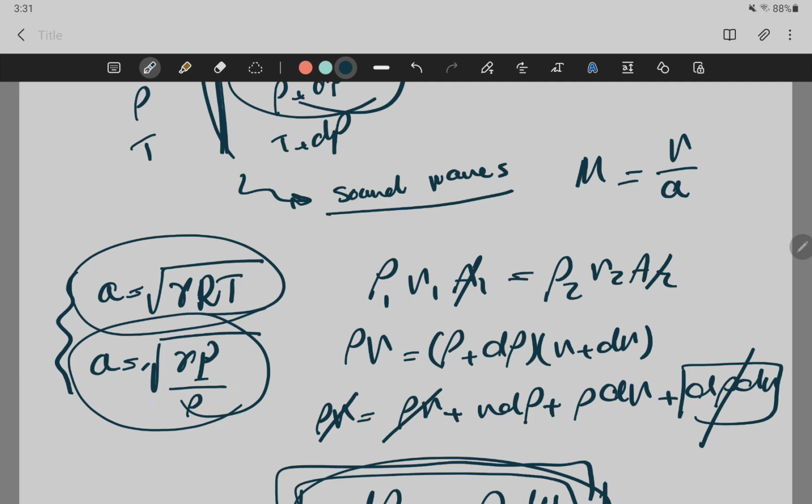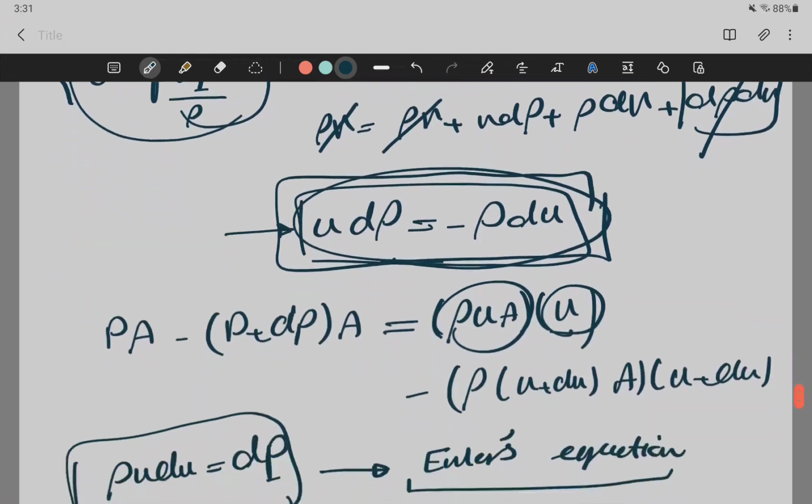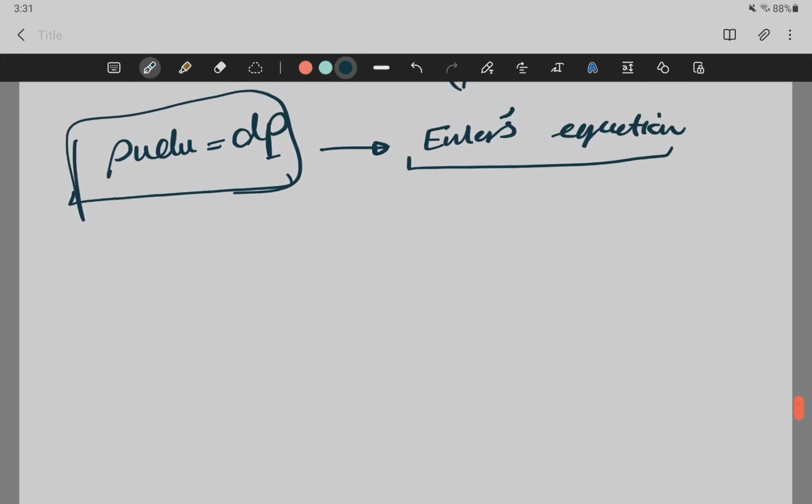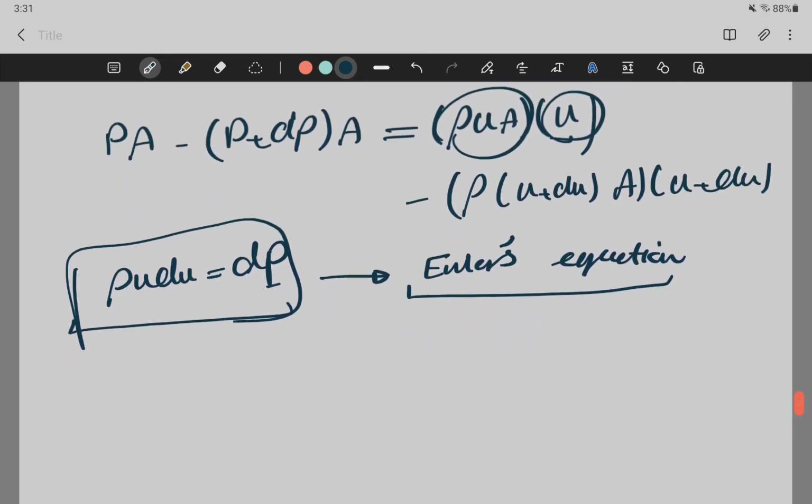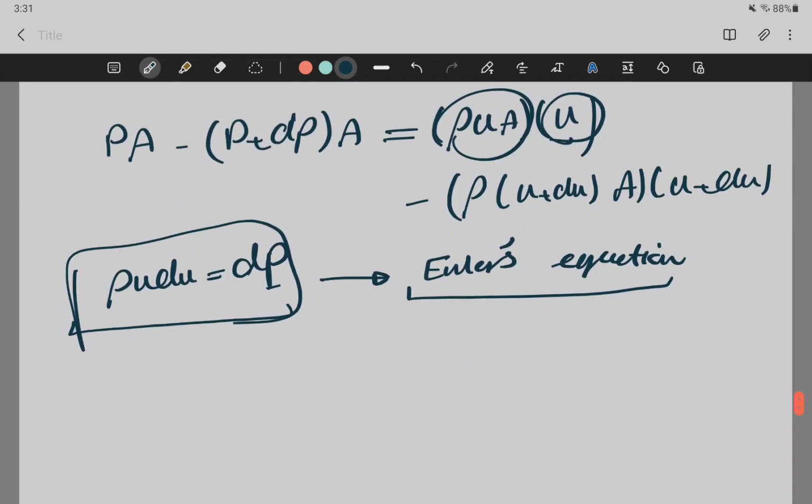Any questions so far? Yes. What is u here again? u is the velocity. For velocity, we usually use the capital V, but since it's a one-dimensional velocity, we are going to use this component of velocity, which is u, right?